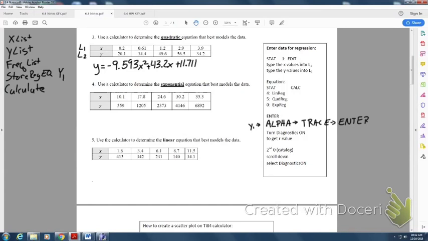So you're going to do the same thing, but now instead of quadratic, you're going to pick exponential regression. You're still going to do Stat Edit. You will put this data in. You can just type it over the old data. Okay.